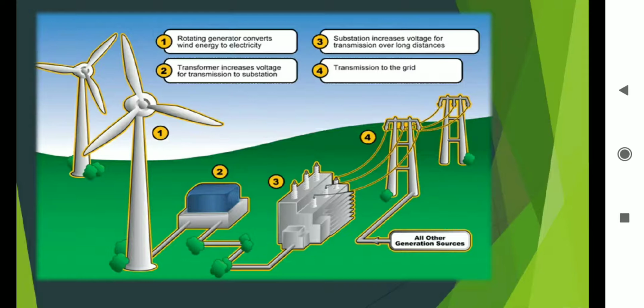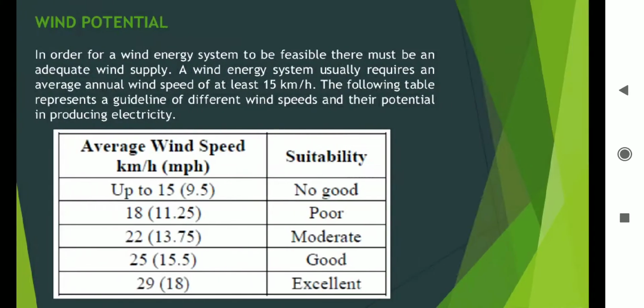The fourth is transmission to the grid, and at the last, this power is transmitted to the grid, and through the grid this electricity is transmitted for various purposes.